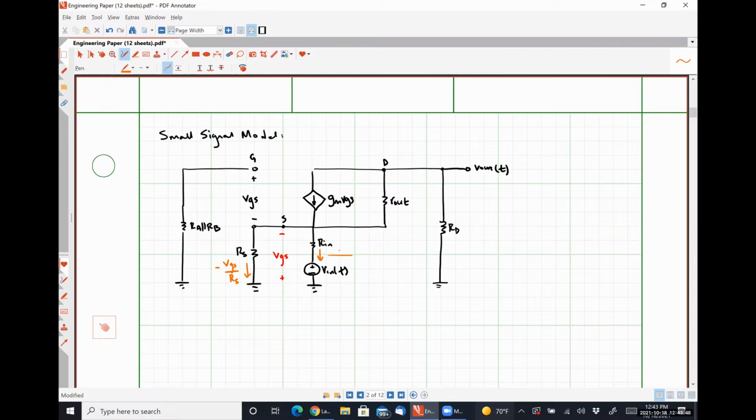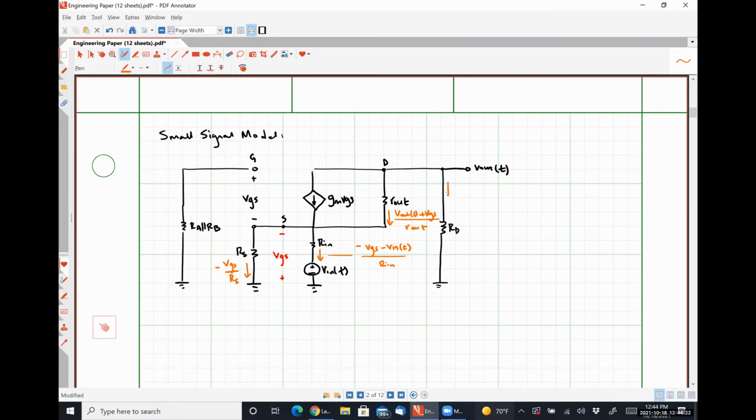The current flowing through my resistor Rn is going to wind up being negative VGS minus Vn divided by Rn. Current flowing through my resistor R out is going to be V out plus VGS divided by R out.